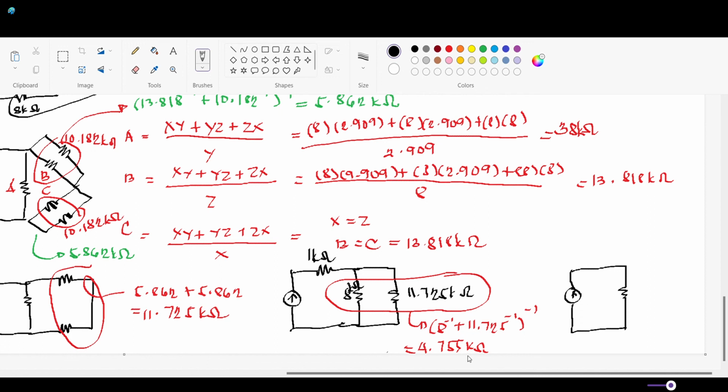Since this is 4.755 kilo ohm plus 1 kilo ohm, they are in series. Sulat na lang natin. This is equal to 5.755 kilo ohms, and this is our R total.